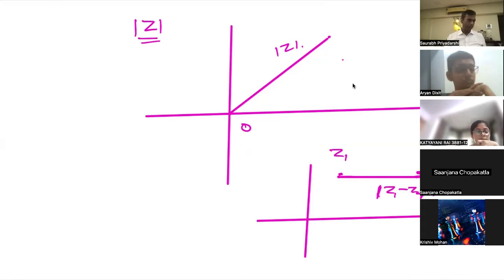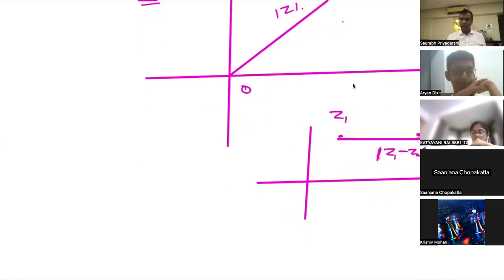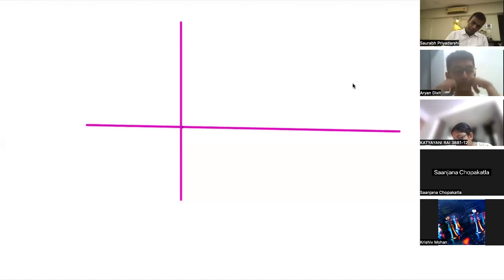Write down: triangle inequalities. One point is the origin, the other is Z1, and this is Z2.